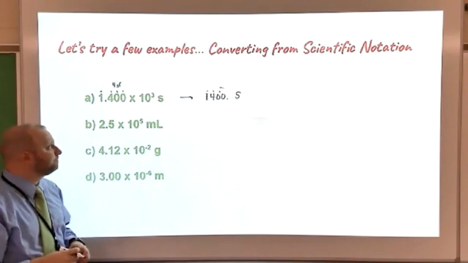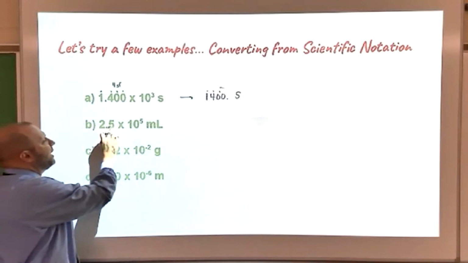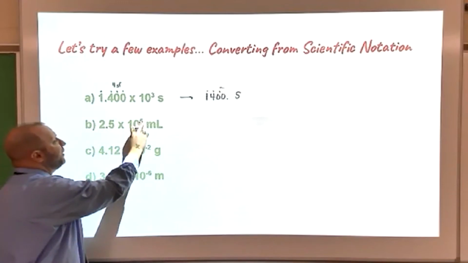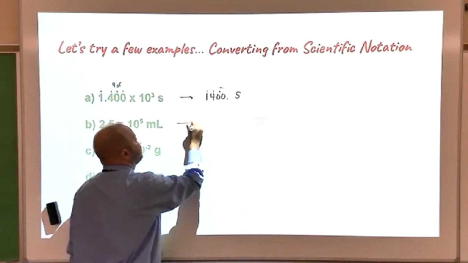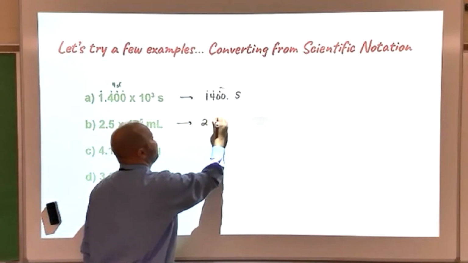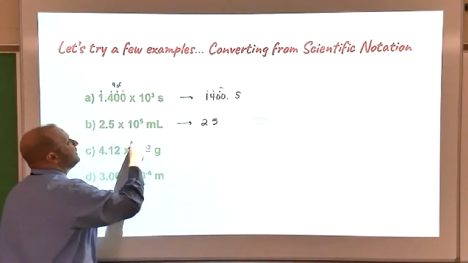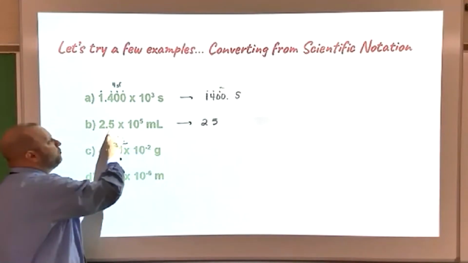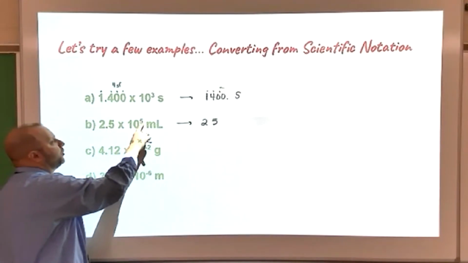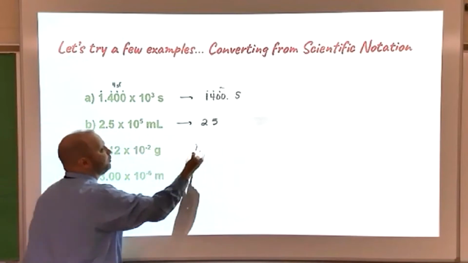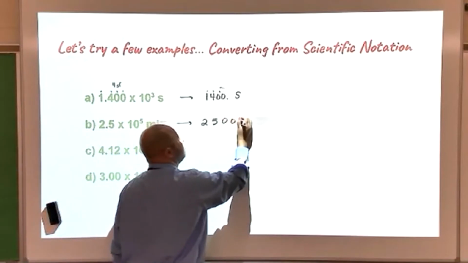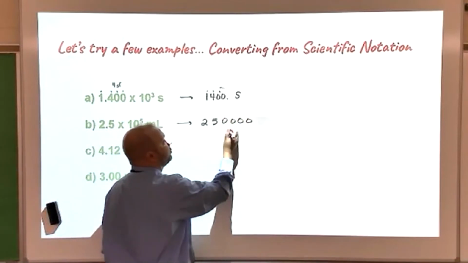In letter B, we have 2.5 times 10 to the 5th. So, 2, 5. Now, if we have 10 to the 5th, moving it 1 spot takes care of 1 of those. Now I have to move it 4 more spots, so I need to add on 4 zeros.